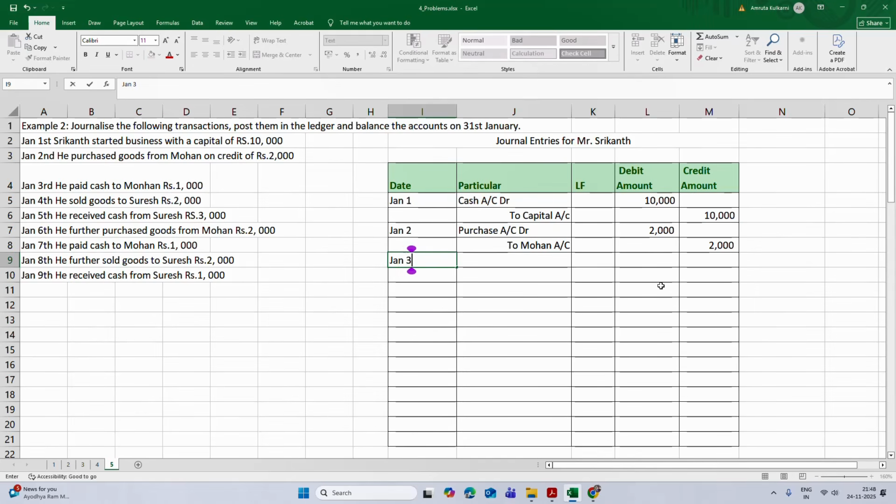Then on Jan 3 he paid cash to Mohan rupees 1,000. So Mohan account will be debited to 1,000 and cash account will be credited to 1,000 because he has paid cash to Mohan.